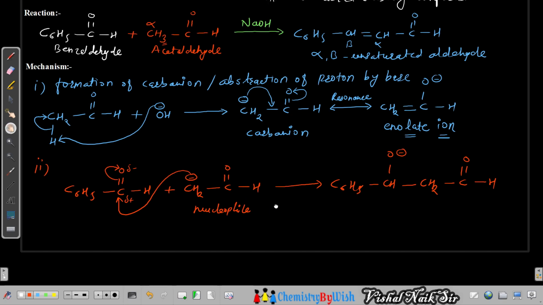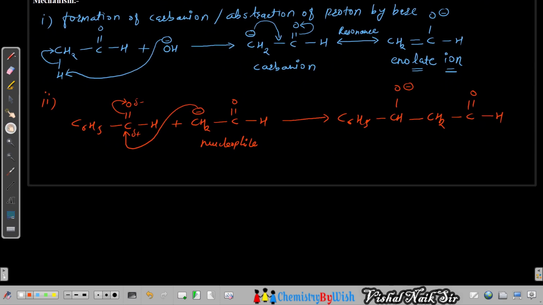What is the next step in the second step? This O minus ion abstracts a proton from the base, which is directly abstracted by this base as minus H2O. So this base donates the proton to this O minus ion, and this step is called protonation. The base donates the H plus it abstracted to this O minus ion.